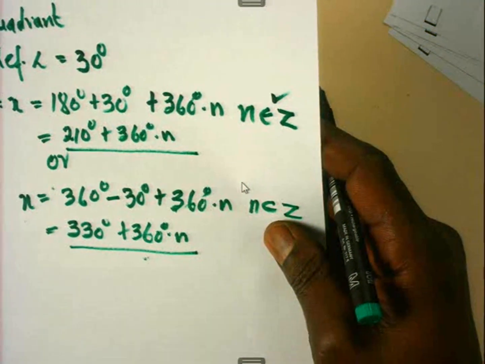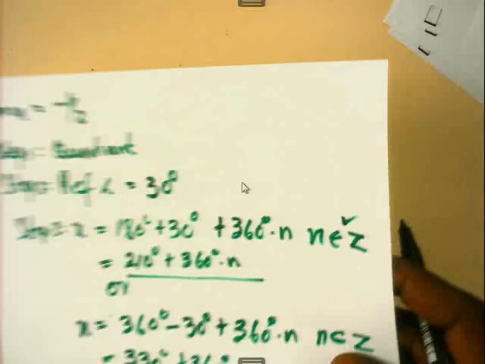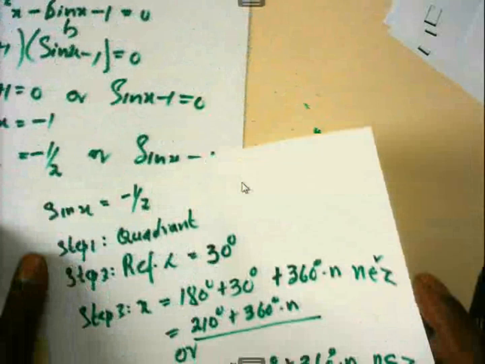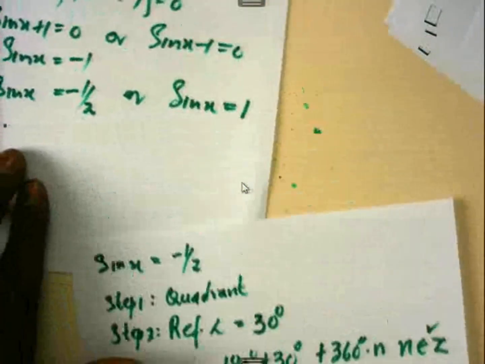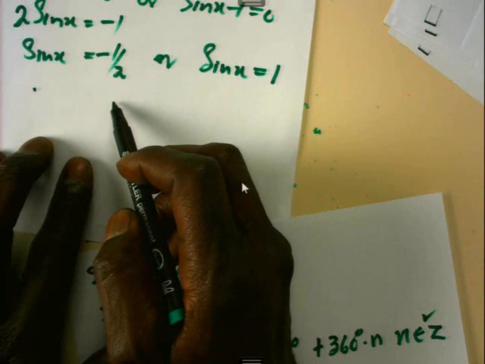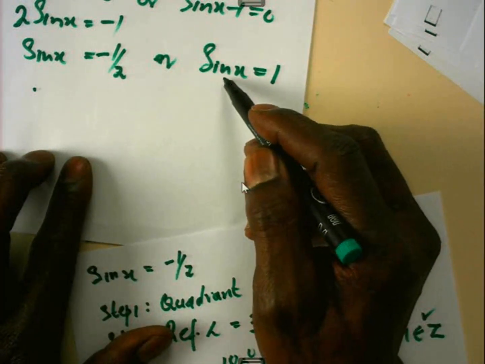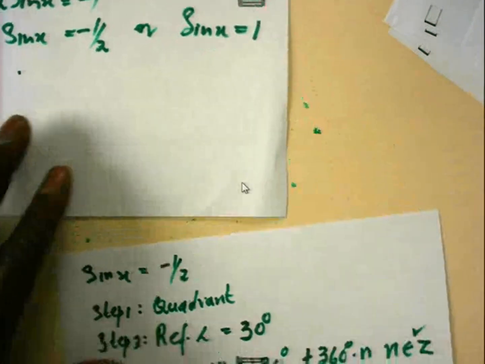We ended up solving only one part. Our problem was we had the solution for sine x is equal to negative 1 over 2, but we did not have the general solution for sine x is equal to 1. Right, let's go for it.